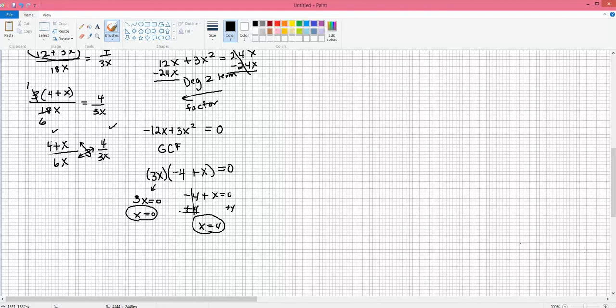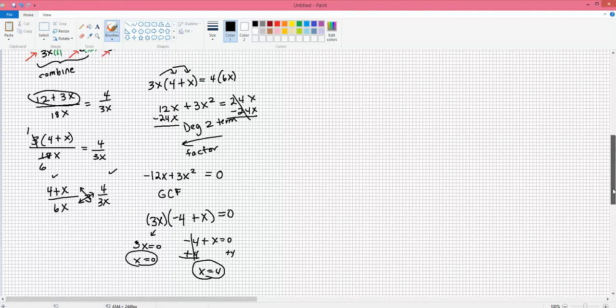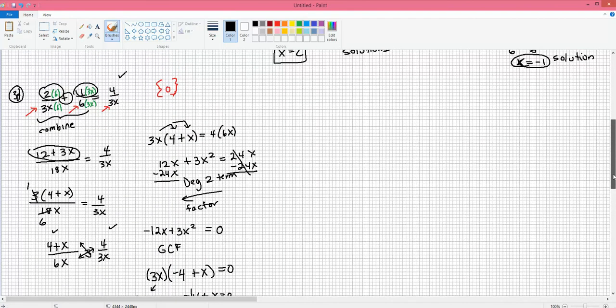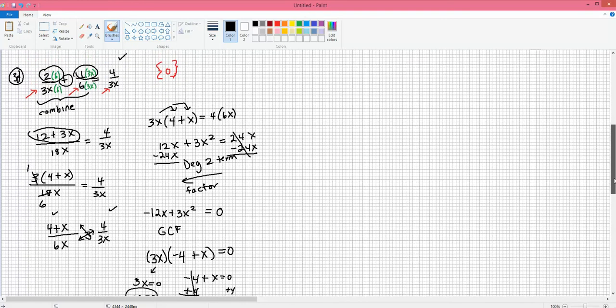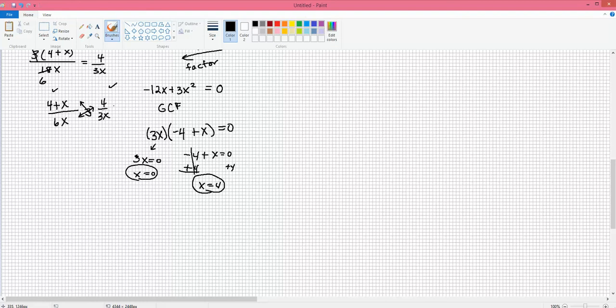And now, yeah, the only value it can't be is 0, remember? So that means that the solution that we have down here, this one is extraneous. That means it's not really a solution. Right? This is the solution.